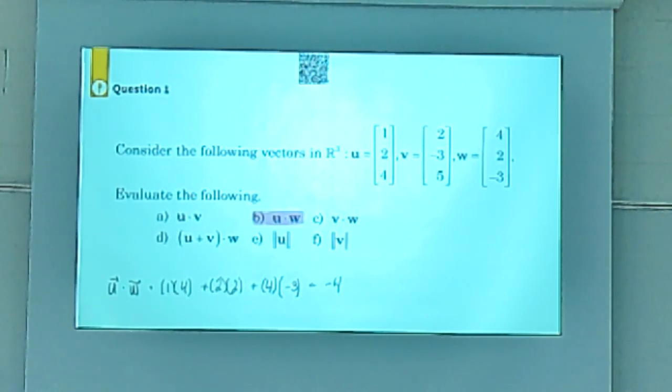There's the dot product. Easier than eigenvalues were.